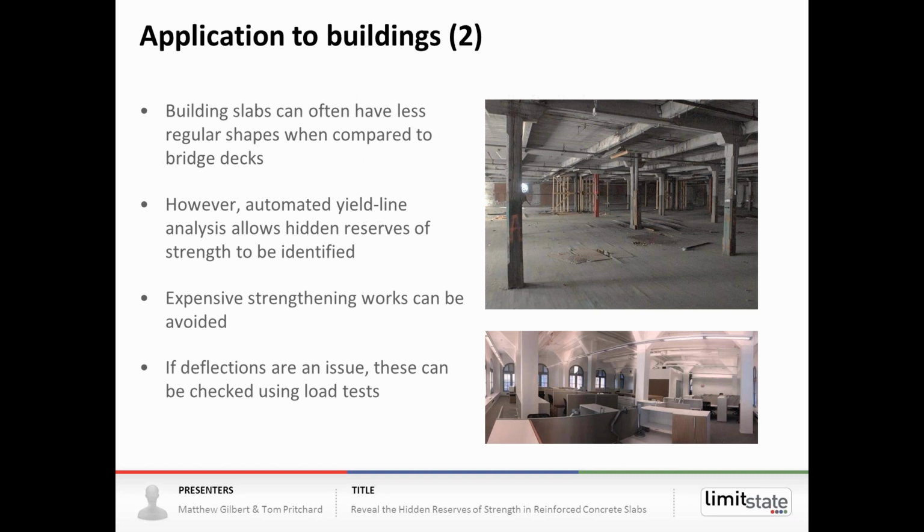That's something that's not such an option in the new design stage, but for existing buildings, you can often do that relatively easily. So you can do a capacity check with the automated yield line method, and you can assess service deflections using Kent Lidge, etc.